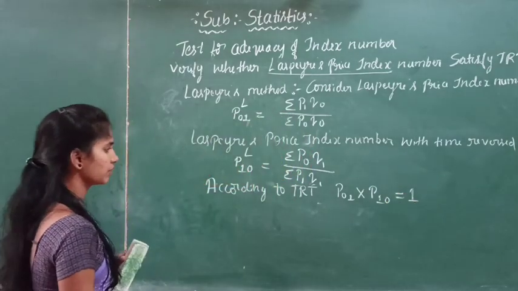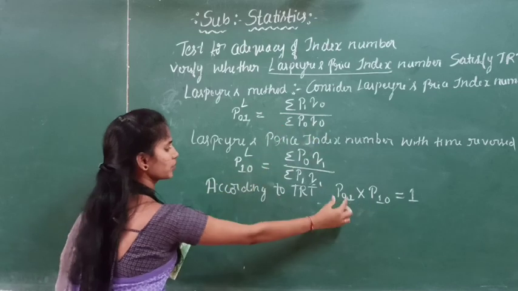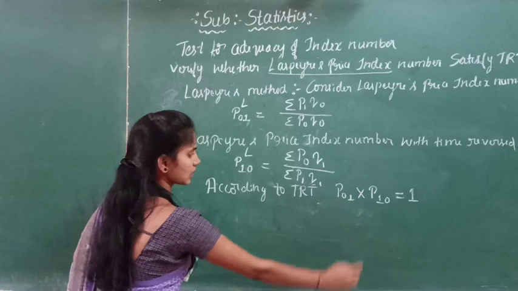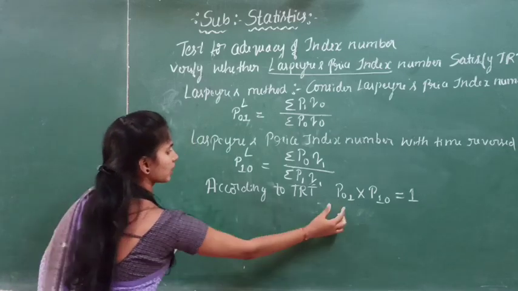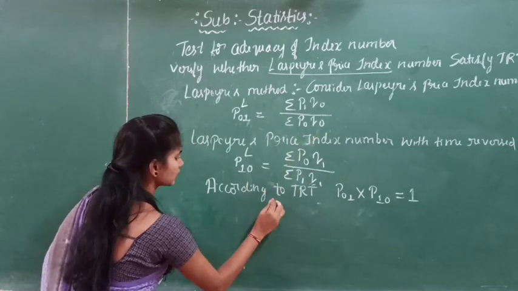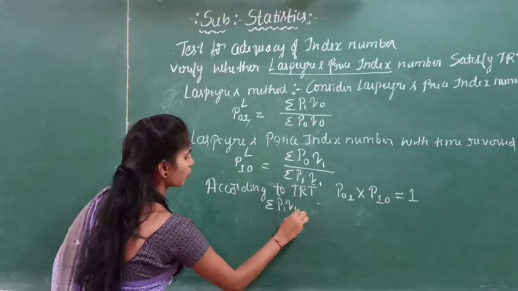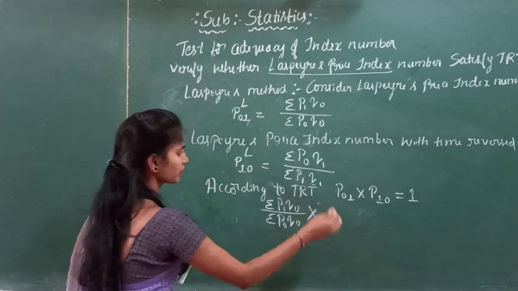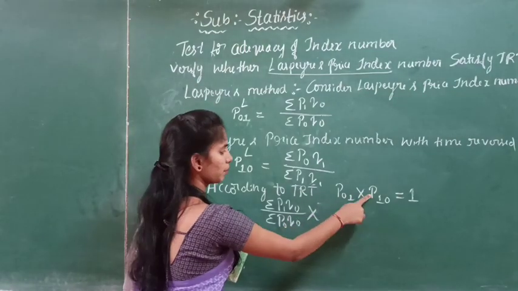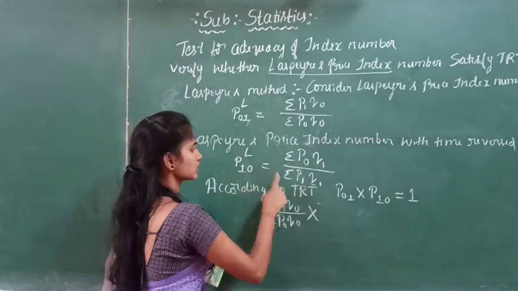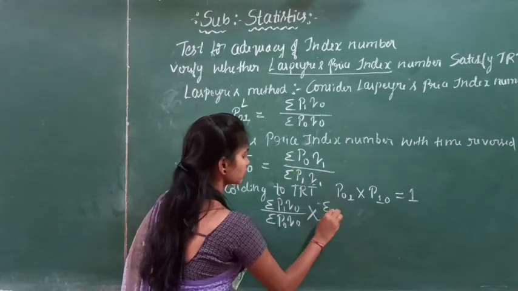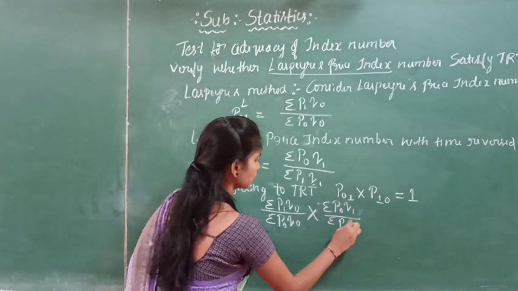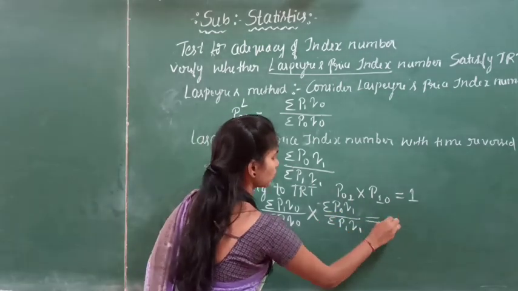First write the P01 formula, that is summation P1 Q0 divided by summation P0 Q0, then the multiplication sign, then the P10 formula, summation P0 Q1 divided by summation P1 Q1, which is equal to 1.